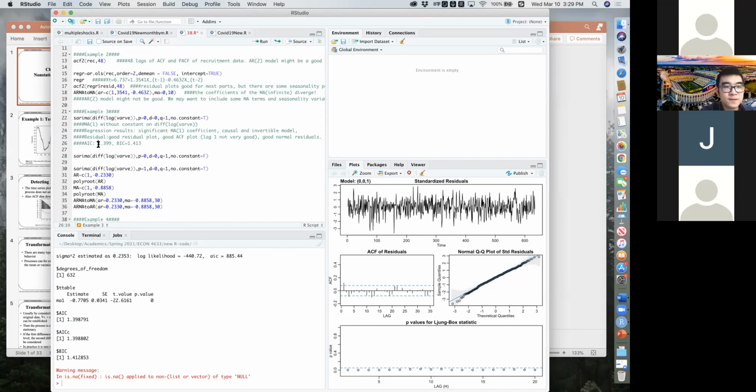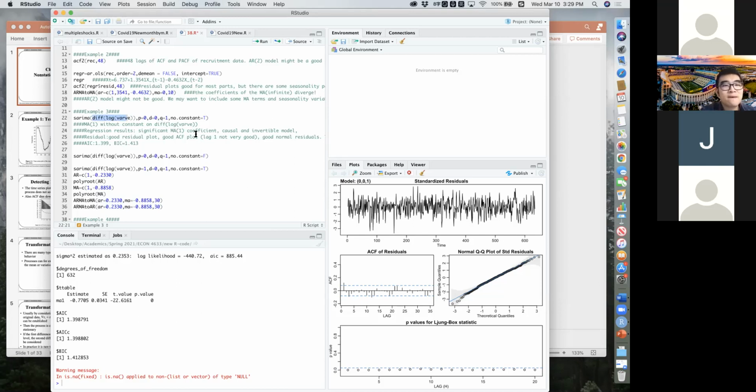Okay. So that's our first model, our MA1 model on this diff log varf. We take the log in order to take care of the heteroscedasticity, and we take the diff in order to take care of the trend.